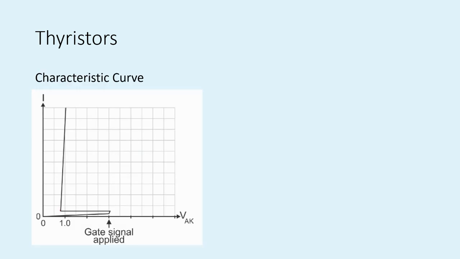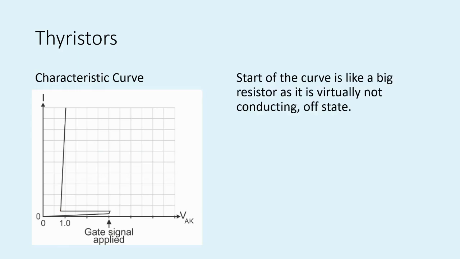This is the characteristic curve of a thyristor. The start of the curve before we apply the gate signal is basically off. There's pretty much no current flowing. If we put a massive voltage on it, we still get pretty much nothing. We get a tiny amount of current, but you are talking tiny.